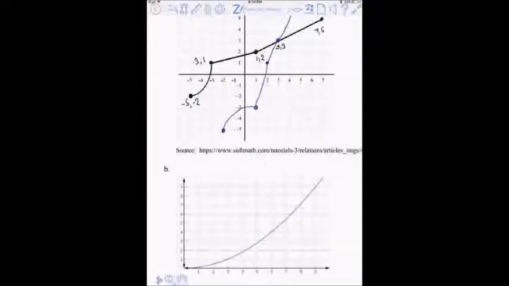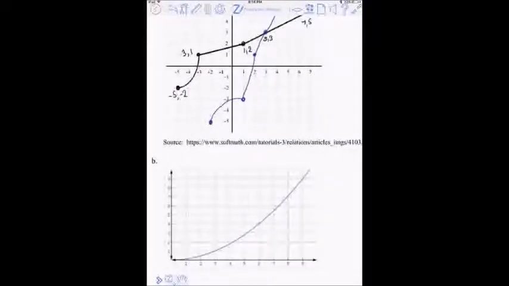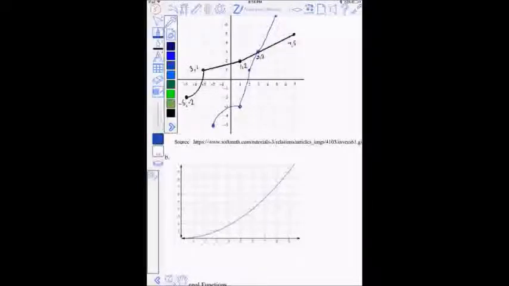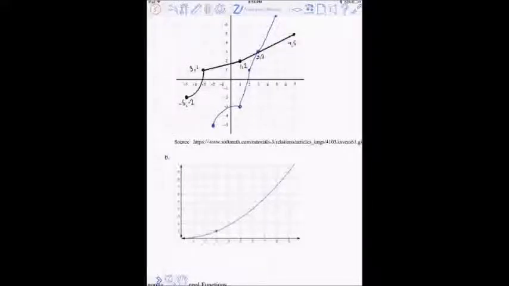Part B, we can do the same way. Try to identify points that go right through a coordinate. So the point 3, 1, 6, 4, looks like possibly 9, 9.